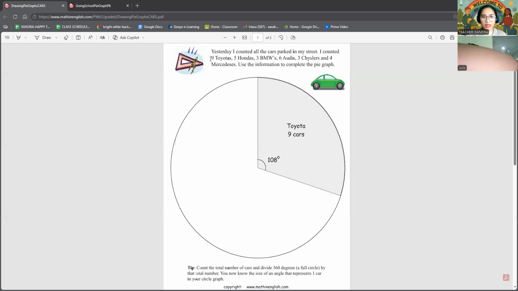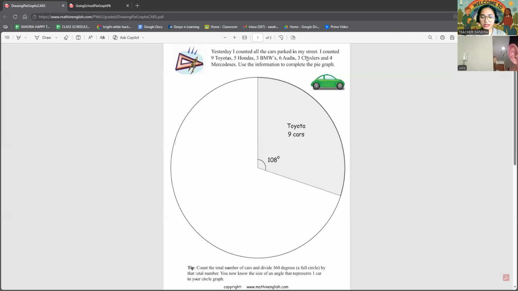No, no, no. 9 plus 5. You do it again in your calculator. 9 plus 5 is 14. Plus 3 is 17.